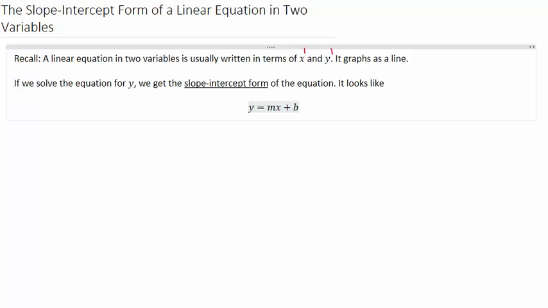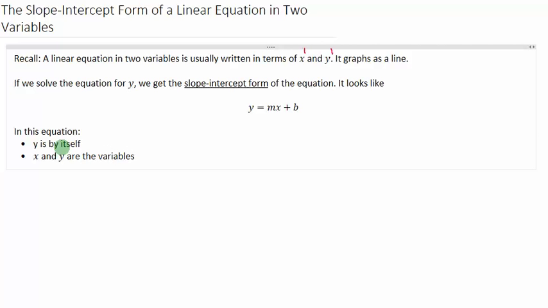You can see that this equation has x and y, but it also has these other letters, m and b. Okay, so let's talk about those for a moment. So in this equation, notice that y is by itself. We already said that. That's what's key. Y has to be by itself. X and y are the variables. Okay, so x and y are still the variables.